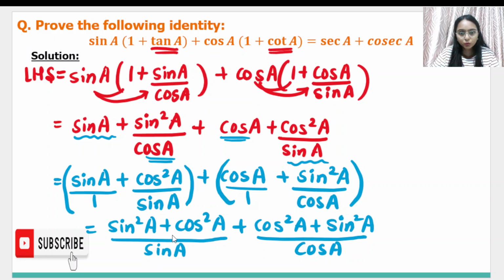Now when we see the numerator clearly, we have sin square A plus cos square A. We know that it is 1.